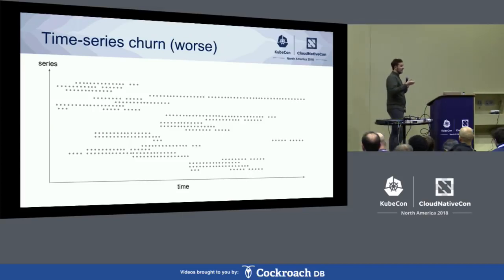And if you think about millions and millions of active time series, that translates to millions and millions of files on disk, which some file systems are not even particularly happy about us doing.